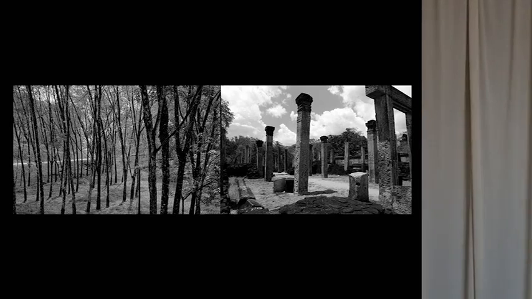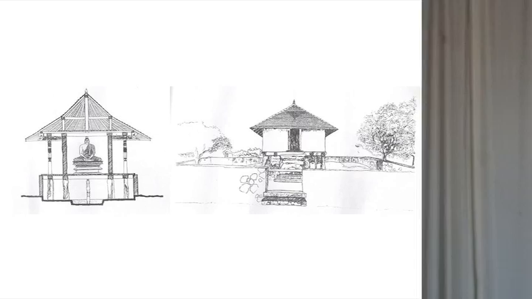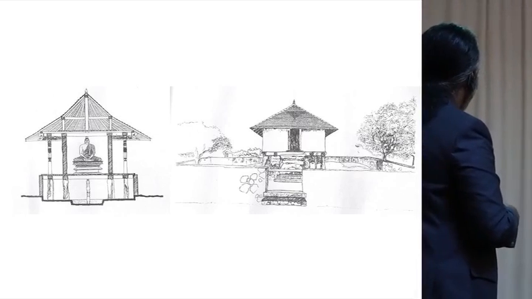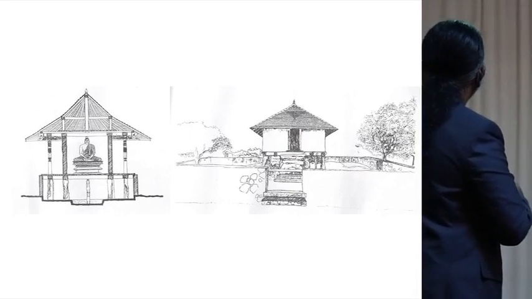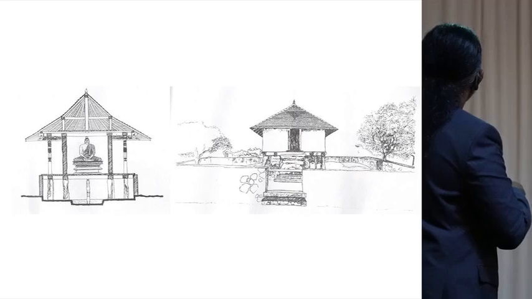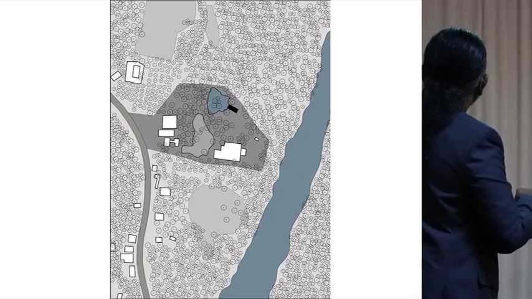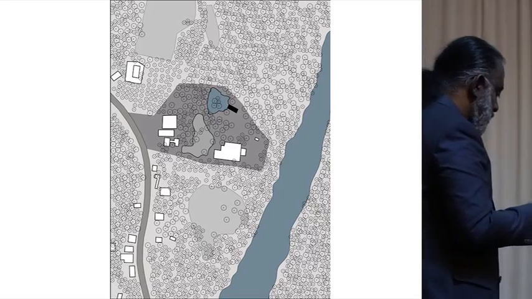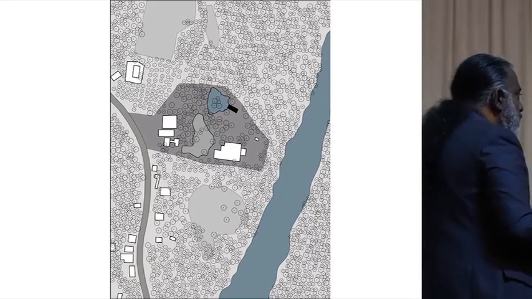The initial idea was, again, it's next to the river, so we have to understand the condition of the water flooding, and we raise the temples to maintain the water levels. These are the basic understandings of how we design within the context.